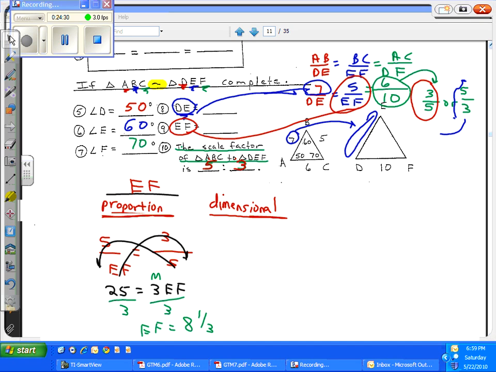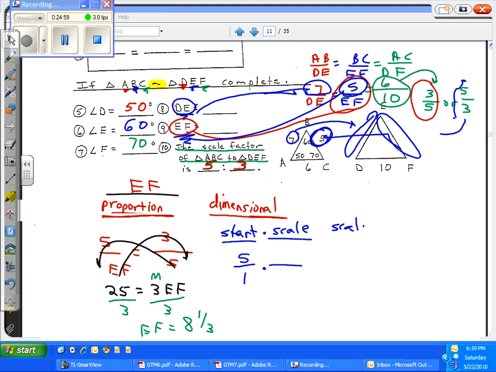With dimensional analysis, we would do start times scale. We're going to start with its partner. We're looking for EF, and its partner is 5. We're going to multiply by the scale, and when we're going from 5 to EF, we're going from little to big, so we're scaling up.